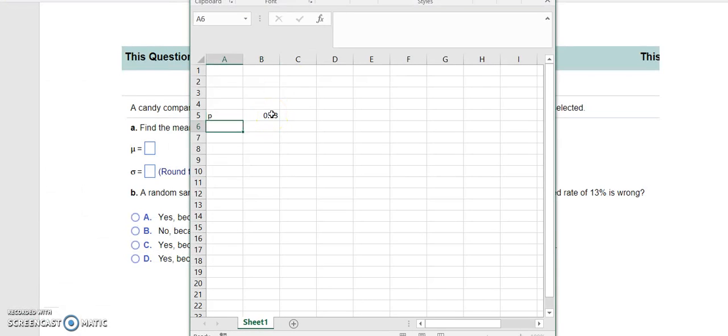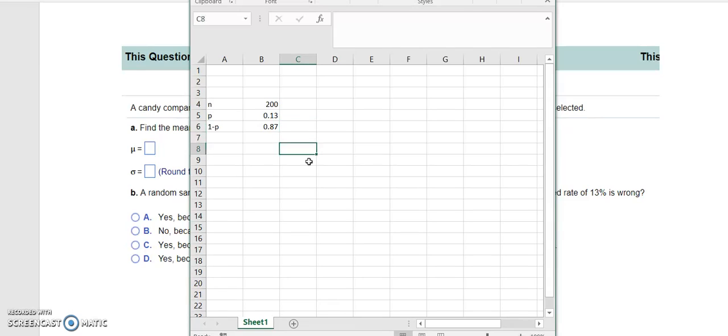So that's your P, and your 1 minus P is, not sure if I'm gonna need it. Oh yes, we will. And your sample size N is 200.